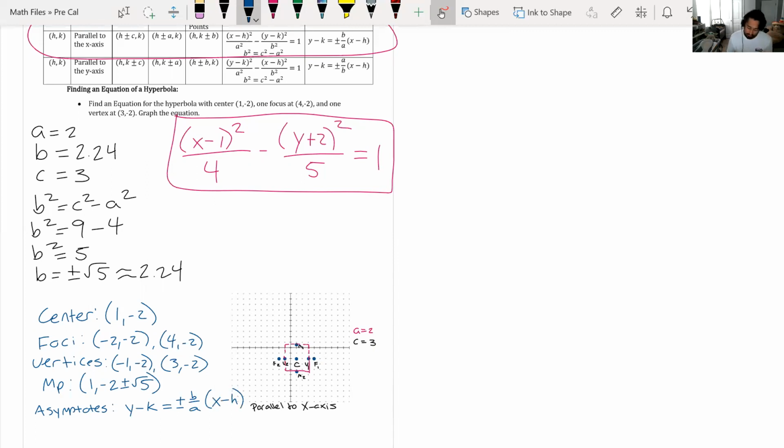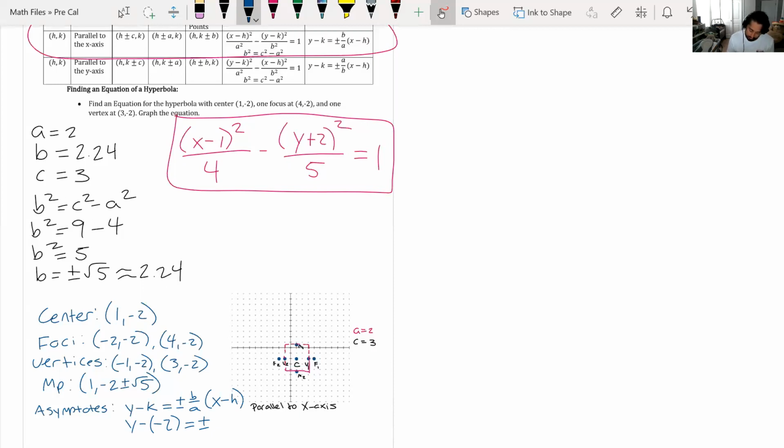So just plug in everything that we know. Y minus k, our k value here from the vertex is -2. So y minus -2 equal to plus or minus b over a.